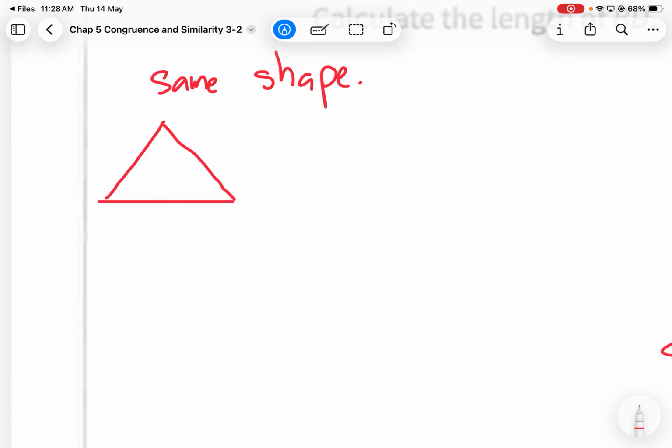Let's say I have an equilateral triangle, and I have a bigger equilateral triangle. They are both equilateral triangles. Can I say they have the same shape?